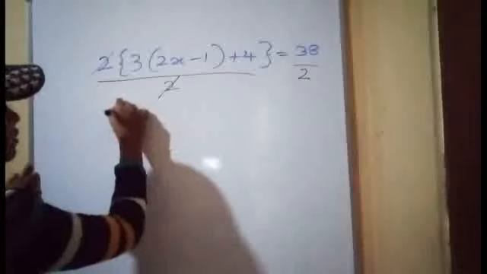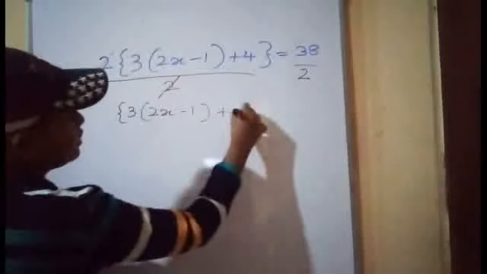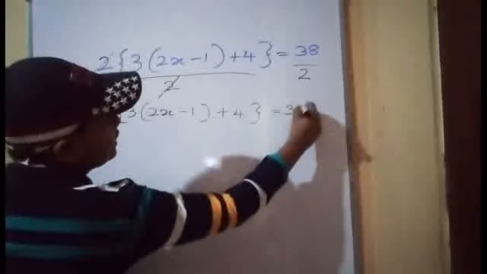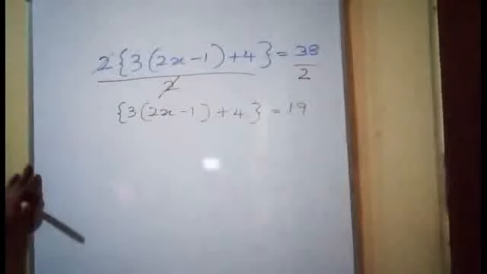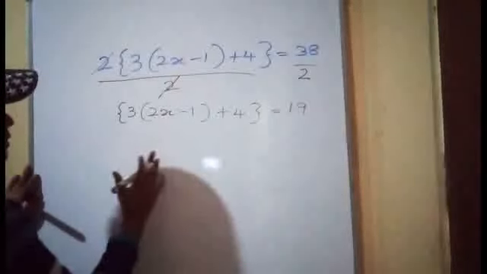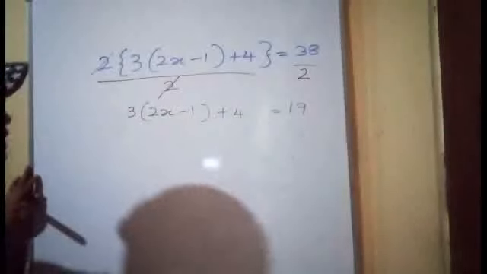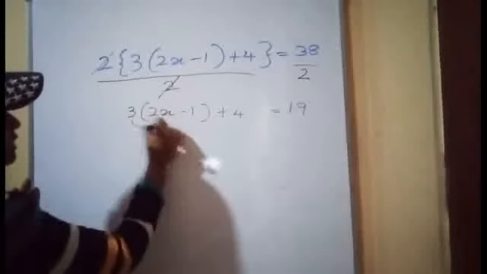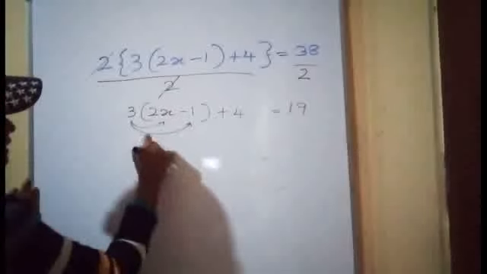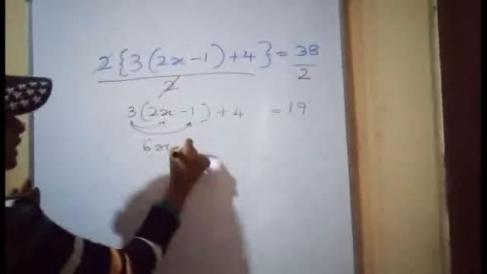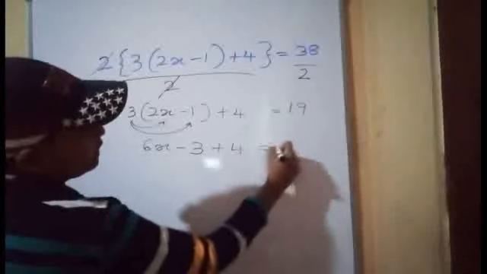So now we have 3(2x minus 1) plus 4 equals 19, so 90 is wrong. Now we remove the curly brackets because the 2 is gone. Next we do the multiplication: 3 times 2x is 6x, minus 3 times 1 is 3, plus 4 equals 90.